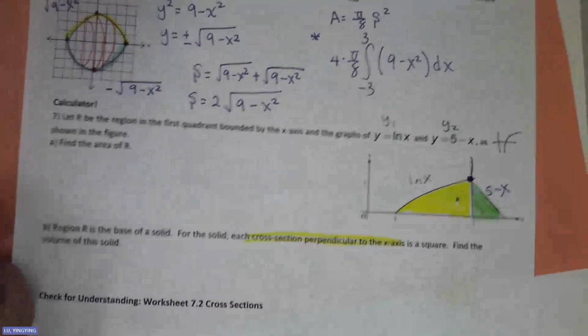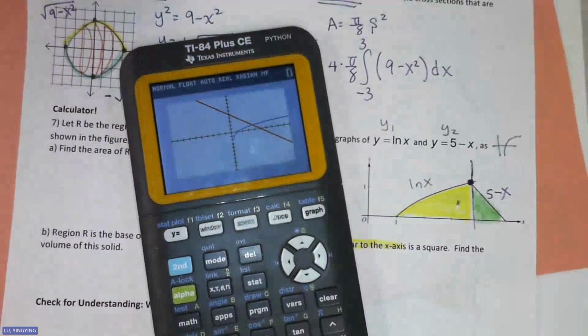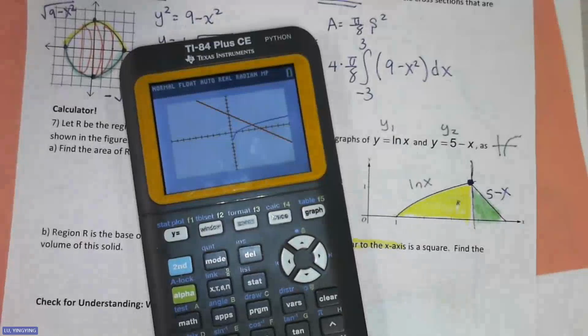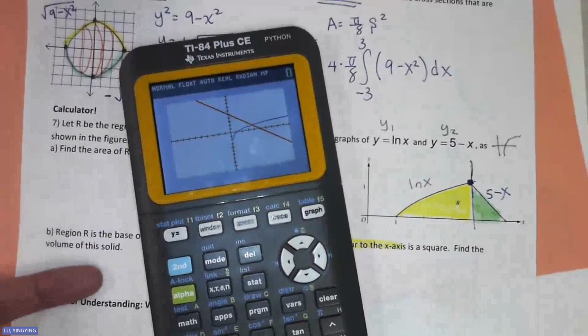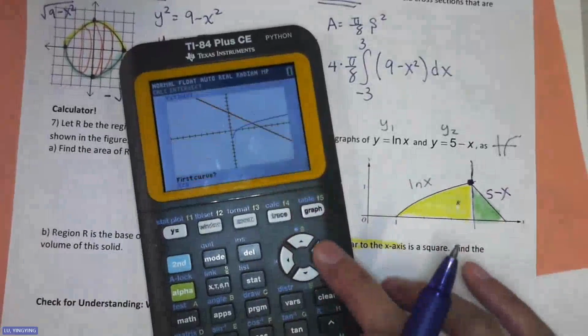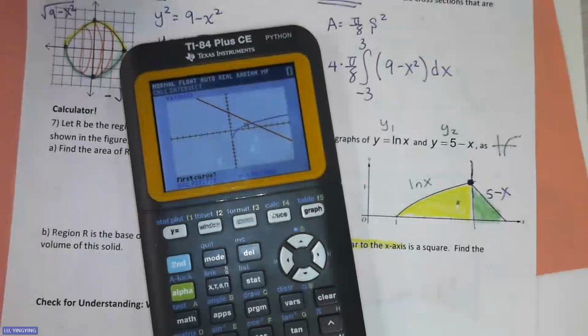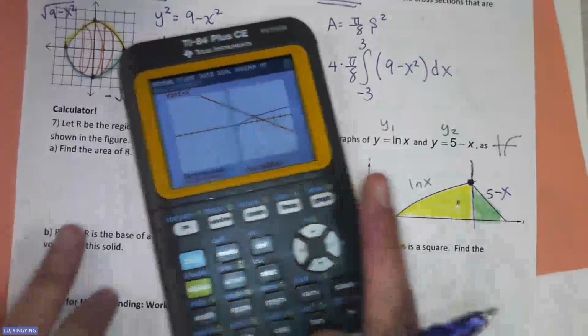Second intersect, yes. Don't forget to store. I told you how to store it. There's a very big benefit to storing, because we use it over again, in part A and in part B. So second trace, number 5, move your cursor somewhere close to the intersection, press enter once, twice, three times.